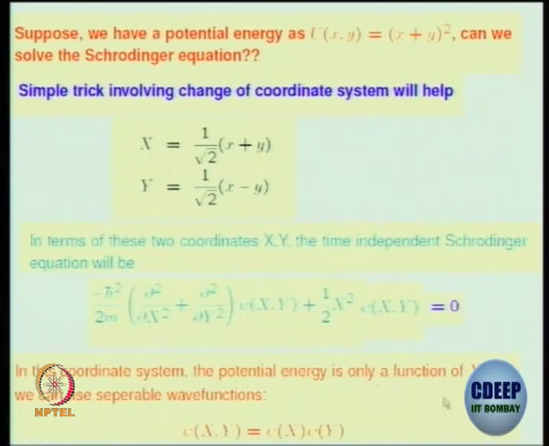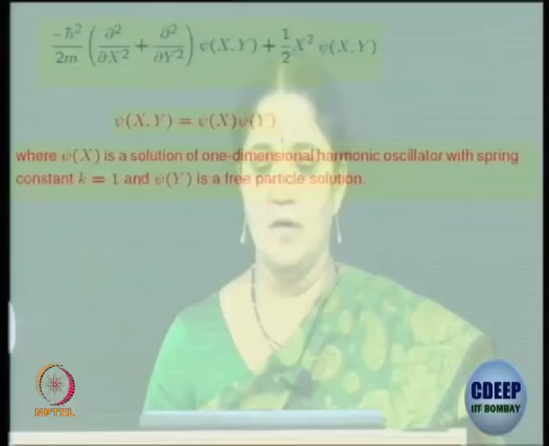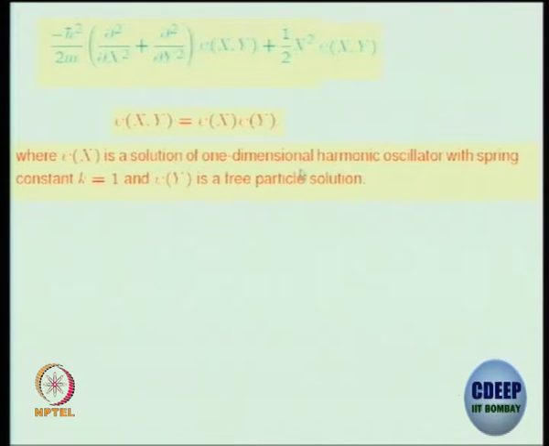In this coordinate, the potential energy is only a function of X, and we can use separable functions, psi of X and psi of Y, exactly like what you did for the 2-dimensional harmonic oscillator or 2-dimensional particle in a box. Psi of X will be a solution to a harmonic oscillator with spring constant, let us say, k equal to 1, and psi of Y is like a free particle.